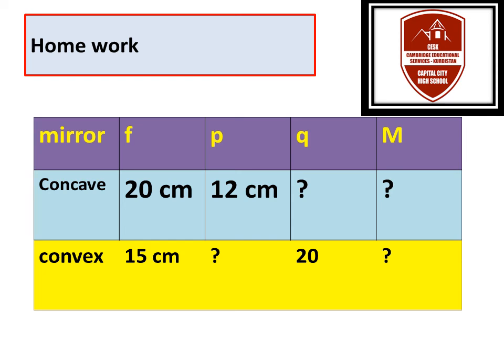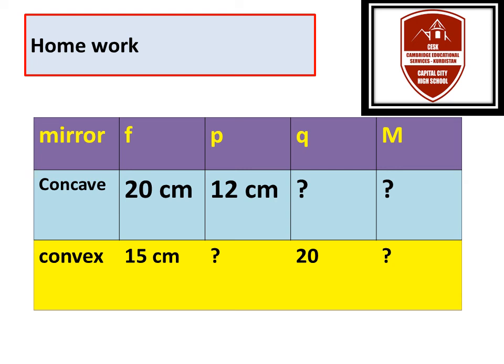It means the object is located between the focal point and the mirror. That means this is the 6th state. So M should be bigger than 1. Q should be negative because the image is virtual, because this is the 6th state.